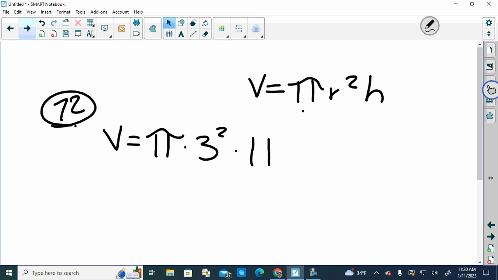Okay, so we're solving for volume. So again, pi is not going to be touched. That's going to be part of our answer. It doesn't disappear. So order of operations, we're going to do that first. Okay, so 3 to the second power is 9. Okay, so 9 times 11, 99.